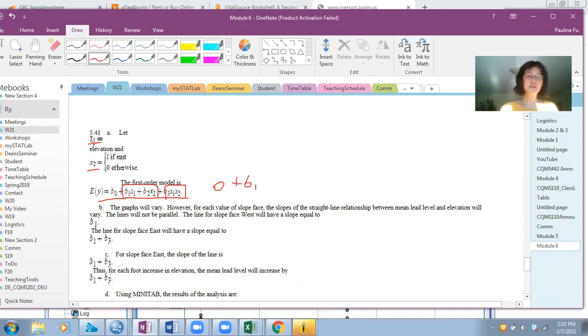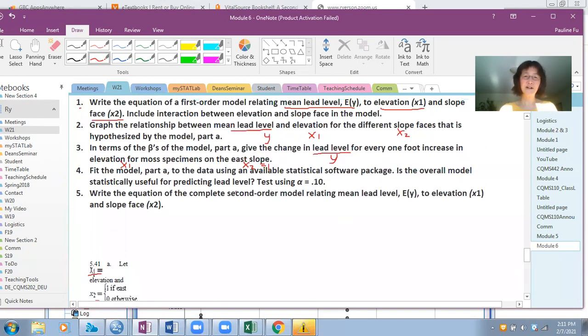And b2 x2, take the derivative relative to x1, you got 0. And the last one is b3 x1 times x2. Take the derivative relative to x1, so you get b3 x2. And x2 equal to 1, because it said this is for x2 equal to 1.